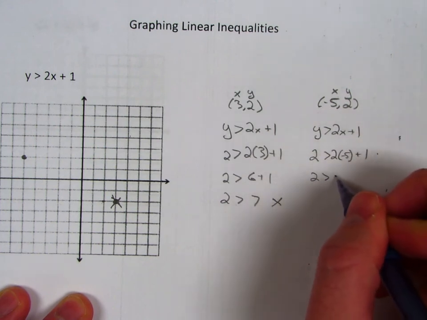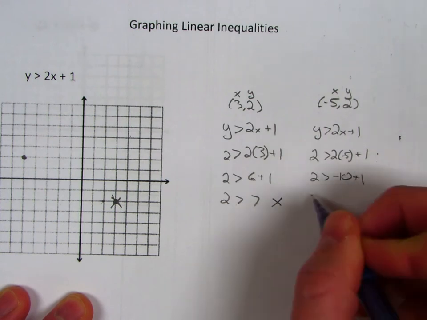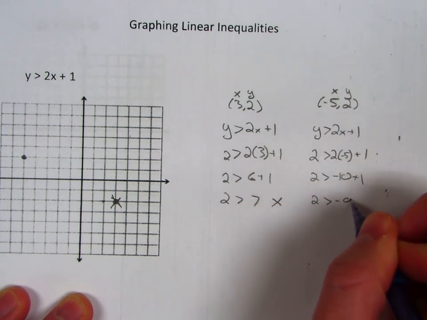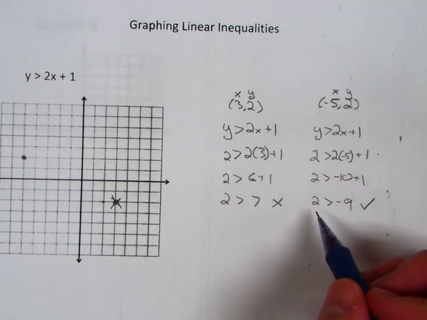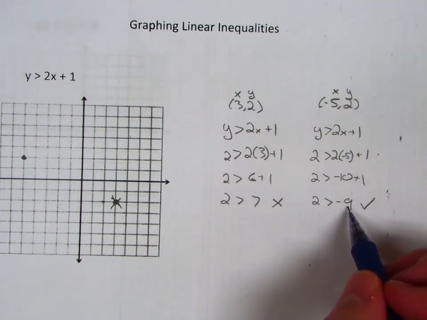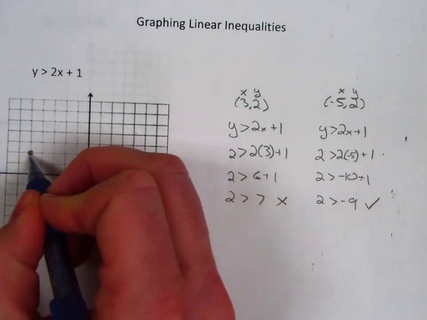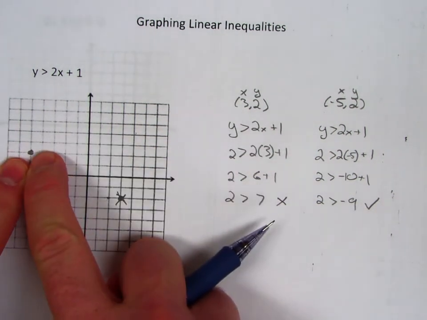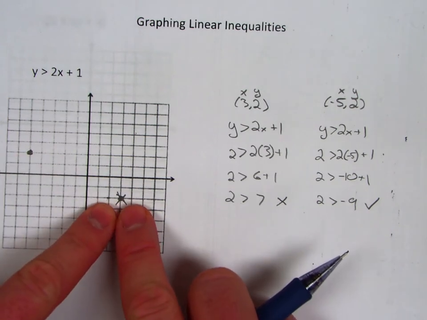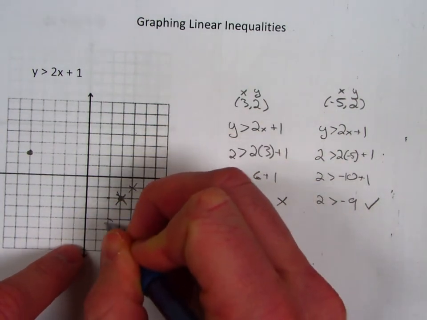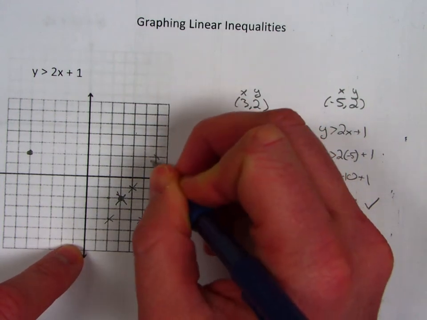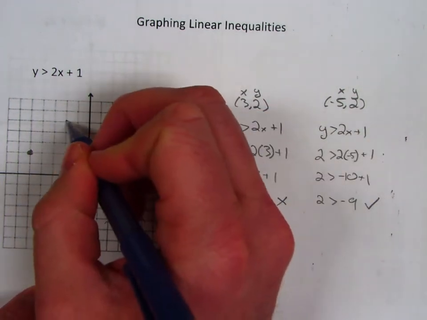So then we have 2 is greater than -10 plus 1, or in other words, 2 is greater than -9. And this statement is actually true. Although 9 is greater than 2, you've got to keep in mind that's a negative, so it's going to be further to the left on your number line. So this actually is a true statement. So I'm going to show the true statement with a dot and my false statement, or my non-solution, with an X.